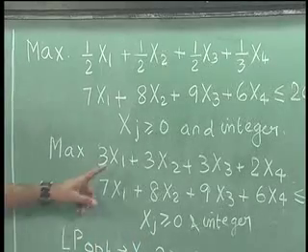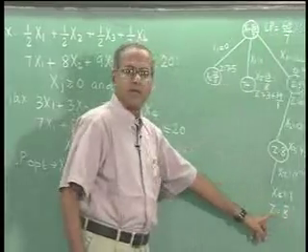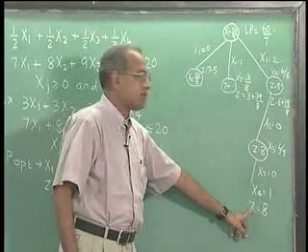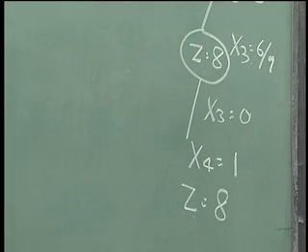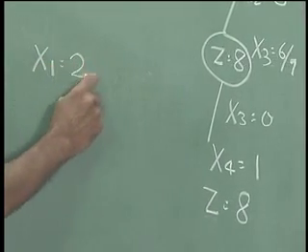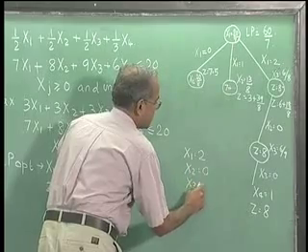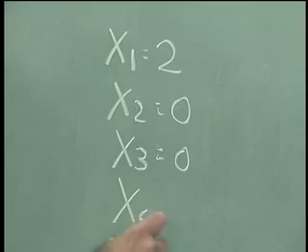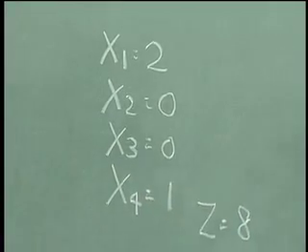Now, when we solved this problem, we finally obtained a solution with z equal to 8, which is the optimum solution to the integer programming problem, which gave us x1 equal to 2, x2 equal to 0, x3 equal to 0 and x4 equal to 1 with z equal to 8.